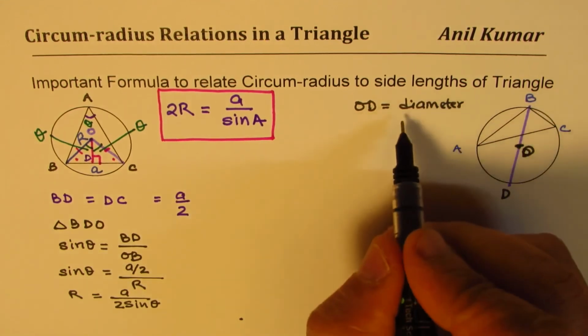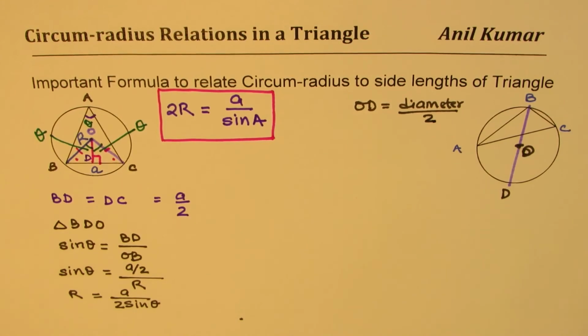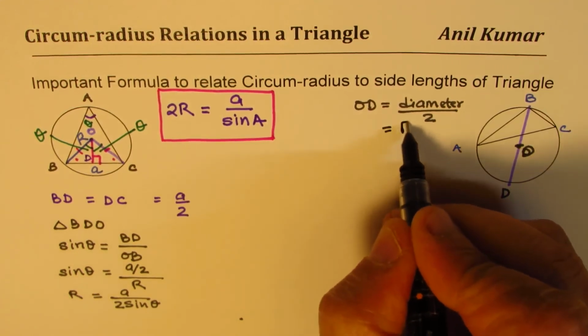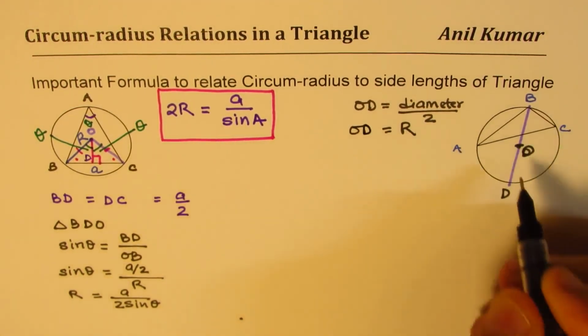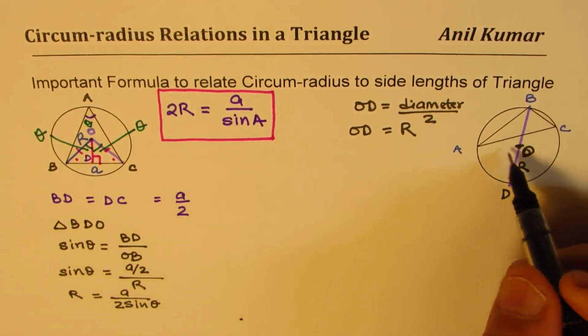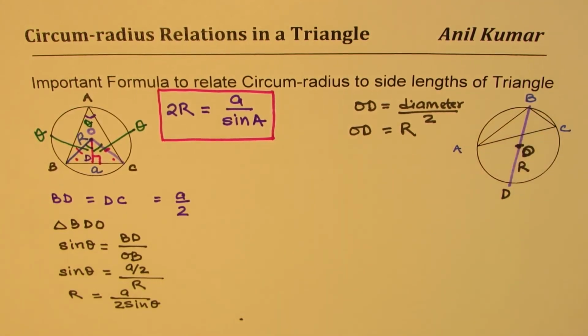Half of the diameter. Because B to D is the diameter, I wrote OD, half of the diameter. So which is the radius R for us? We'll call this radius R, the circumradius. Now we need to find this radius with respect to sides ABC of a triangle.